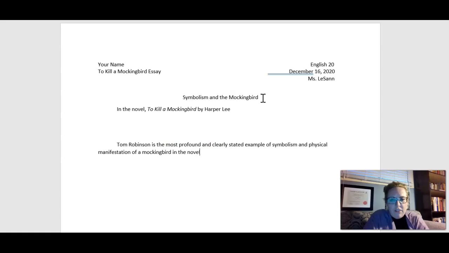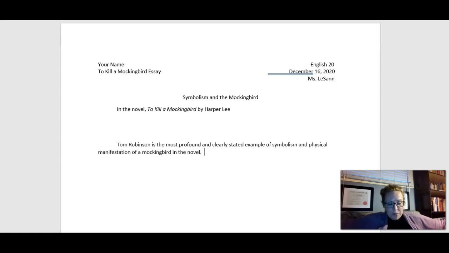This is overt, it's a really clear example, but I'm trying to help you guys out. You really need to tell me that Tom Robinson is your key point when it comes to this example.